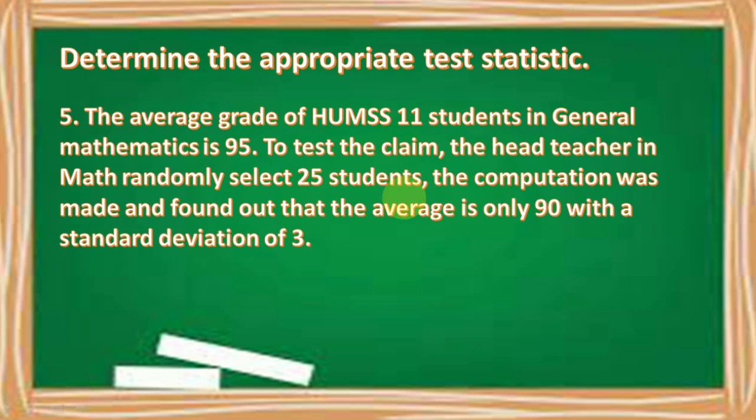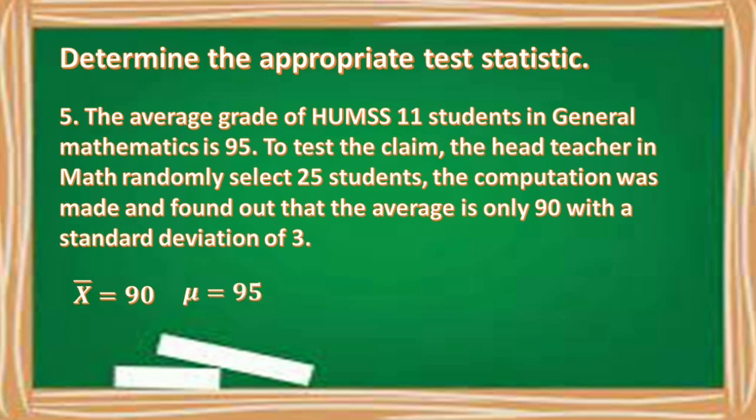Let's have number 5. The average grade of Grade 11 students in general mathematics is 95. To test the claim, the head teacher in math randomly selected 25 students. The computation was made and found out that the average is only 90 with a standard deviation of 3. So from this given scenario, our x bar or sample mean is equal to 90.